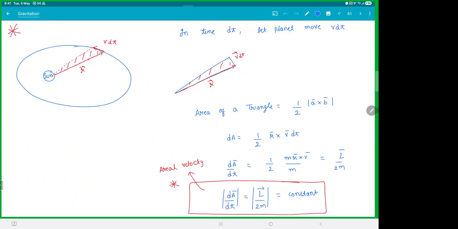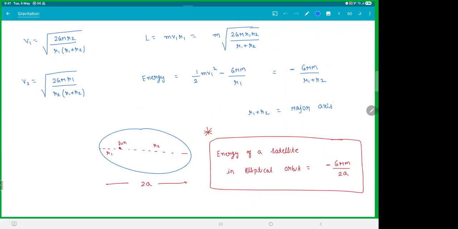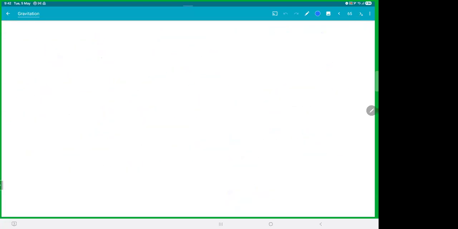Next one. This is another one. So let's say we got a planet here, mass and radius r, and we have a satellite of mass small m going with some speed u in an orbit of radius 3r.